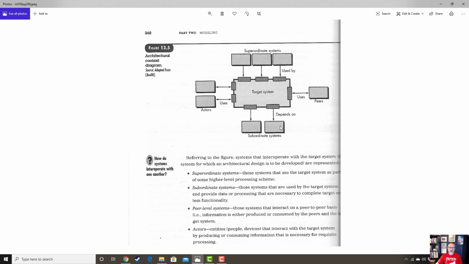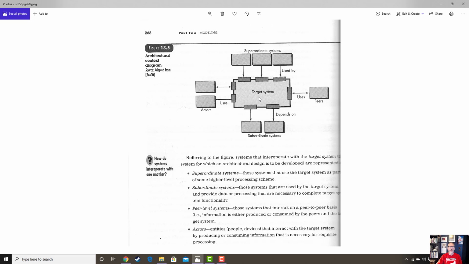We have subordinate systems, things that our system uses that provide data or processing and we need in order to get our work done. Peer level systems, that would be over here, systems that interact on a peer-to-peer basis with our system, things that either produce or consume information for us. And then finally, actors, who are entities, people, or devices that interact with our system.